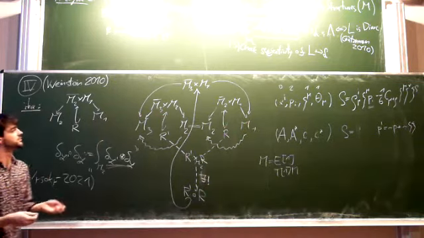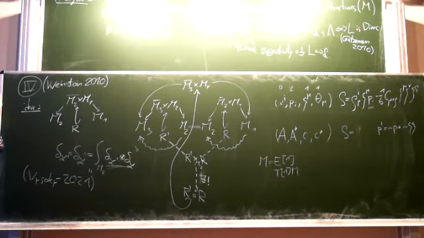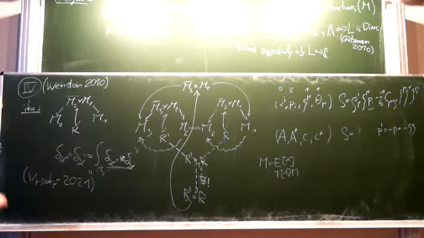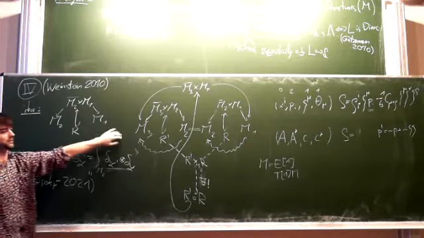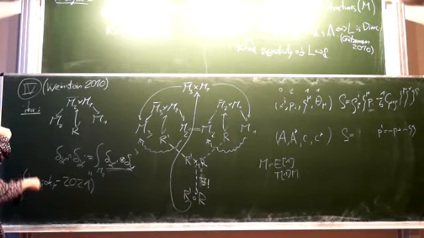This communication is precisely the way the pairing in a Courant algebroid communicates with the Lie bracket, how it deforms the Lie bracket into the Courant bracket.